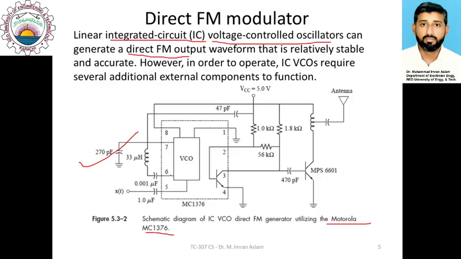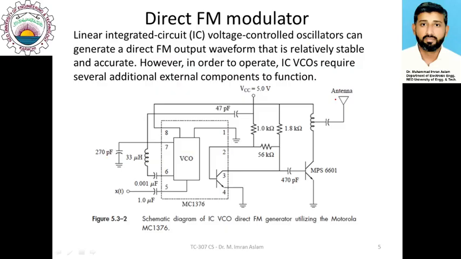So this IC incorporates one VCO as an integrated circuit, and depending on the configuration of other components, it can generate an FM signal in response to the input voltage which is applied at pin number 5 of this IC. The input voltage is here x(t), and the output is transmitted through an antenna.